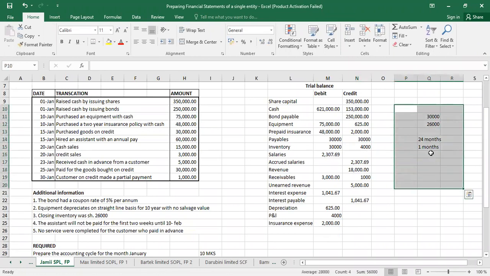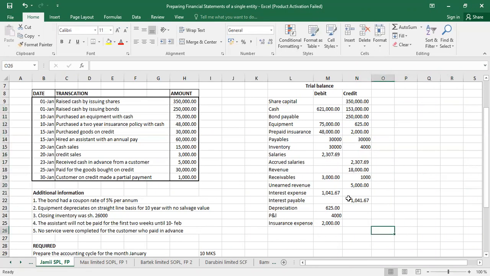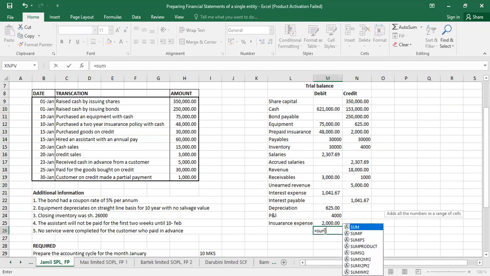I'll just delete this one there. I make the table a little better and add in the small things. For a trial balance, it must balance, or it will not be called a trial balance.